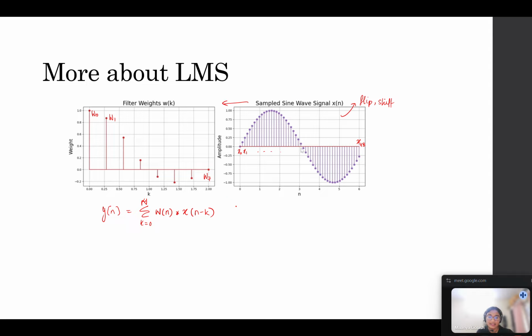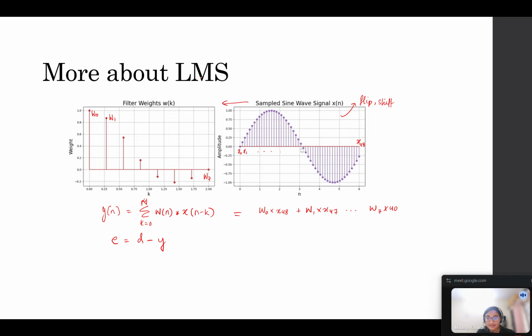What we essentially get from this is omega naught into x48 plus omega 1 into x47 and so on, till w7 into x40, after which it becomes 0. And as spoken before, the error signal is given by the desired signal minus the filter output.